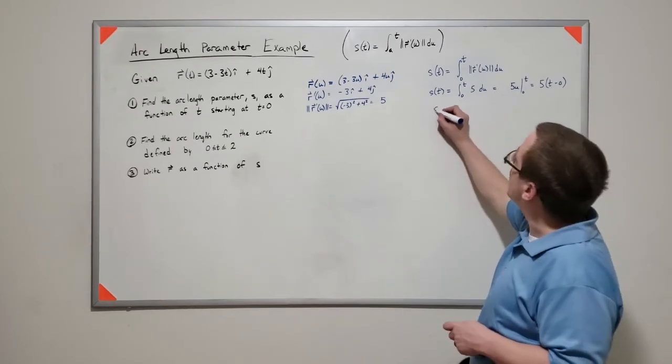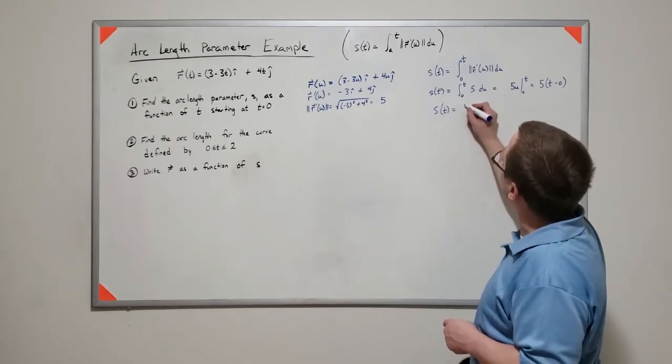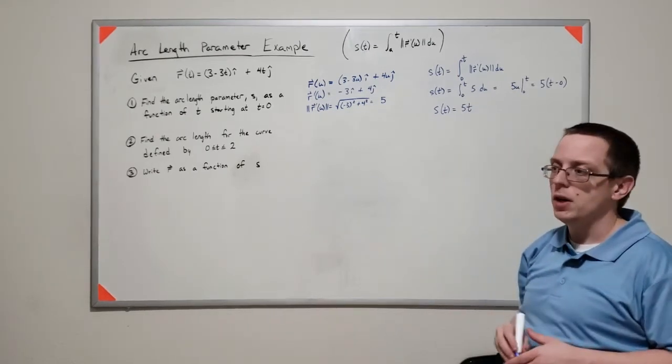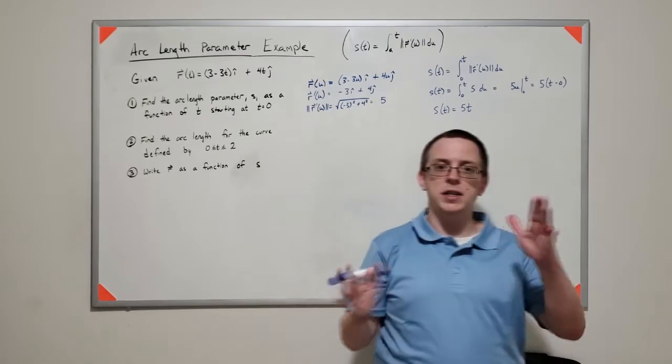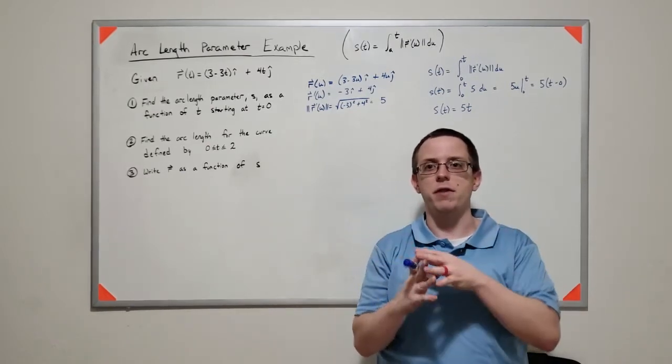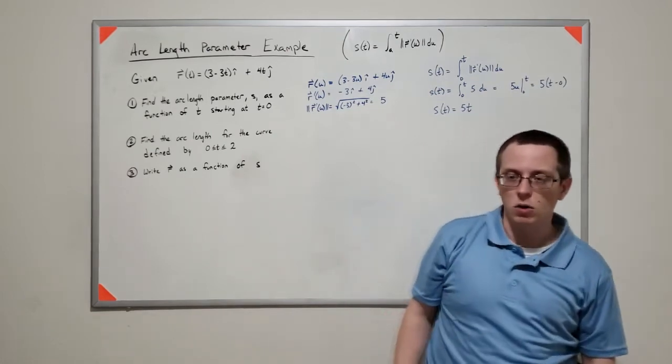So what we find in this case is your arc length parameter is simply 5t. That tells me that at any given time, I can take that time multiplied by 5, and that tells me how far I've gone along the curve.